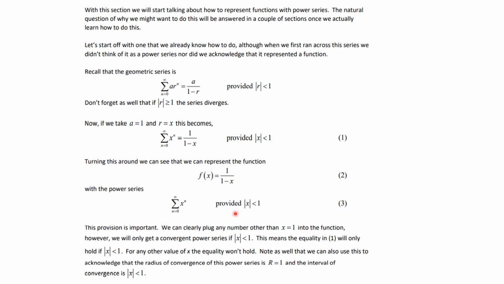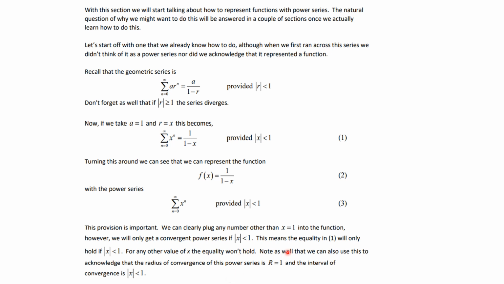Now this provision, provided the absolute value of x is less than 1, is important. You see, we can clearly plug any number other than x equals 1 into this function, but we will only get a convergent power series if the absolute value of x is less than 1. That means that this power series represents that function only when the absolute value of x is less than 1.